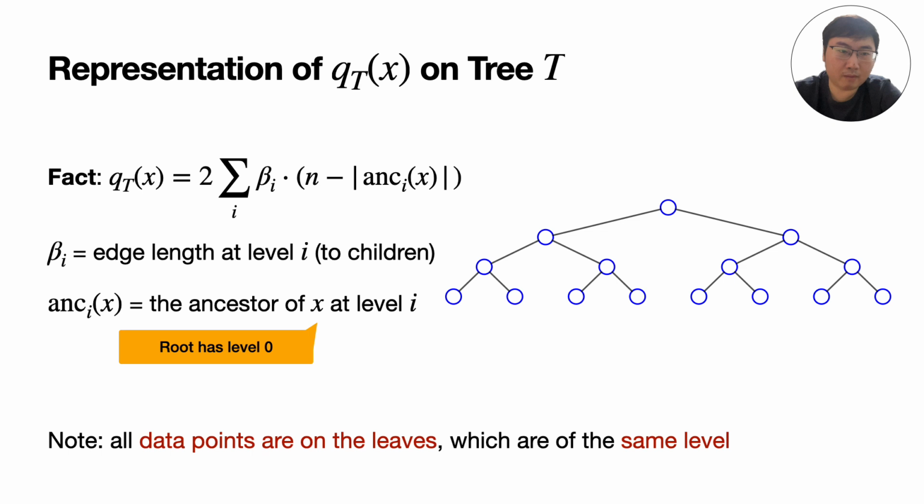That's why we have this n minus ancestor i of x term. This is basically the number of points in the level i sibling, so the number of points not in the level i subtree of x.